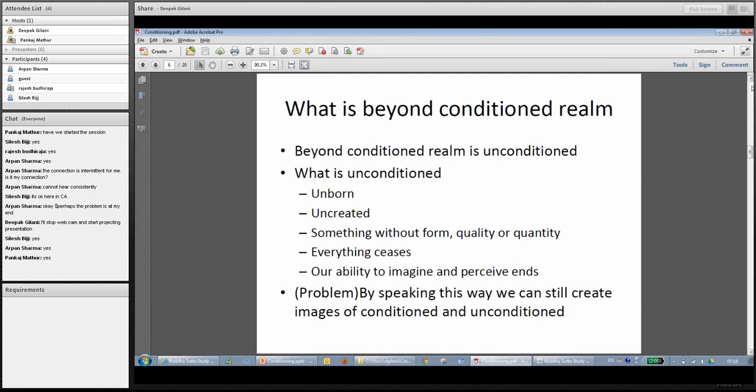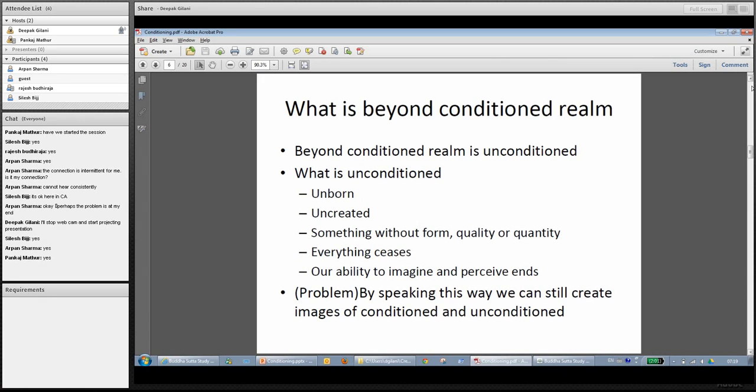But the problem with this definition of unconditioned is that if we try to make sense of it, it won't make any sense. Anything we try to understand will still be in our conditional brain, because thinking is in the conditional brain, our perception is in the conditional brain. So as a definition, we can say it's unborn, uncreated, where everything ceases. But beyond that, there is nothing we can understand about unconditioned.